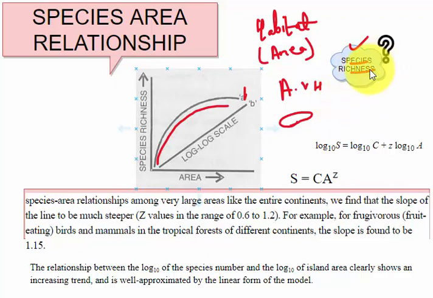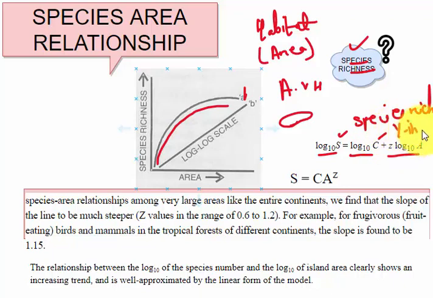So this relationship between the area and the number of species is plotted in a graph, and the relationship is given by the equation log S = log C + Z log A. Here S is the species richness, or the number of species in a particular area, C is the y-intercept, A is the area, and Z is the slope of the line.